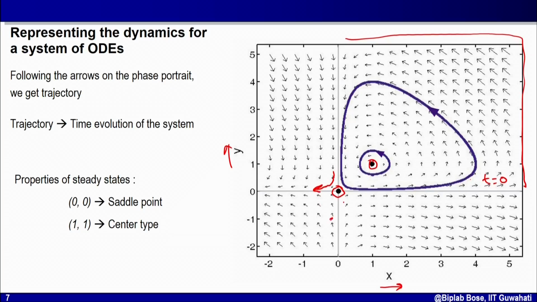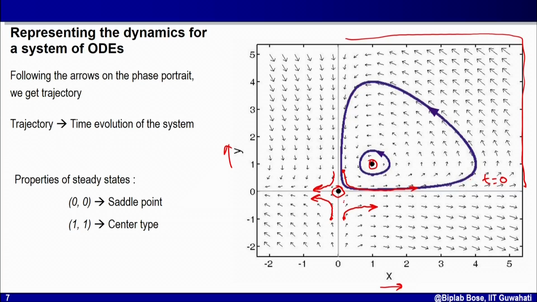If I start from here, I will again follow this trajectory and move away from 0, 0. If I start from here, obviously I will move away from 0, 0. And if I start here, I will move away from 0, 0 and follow this closed path.